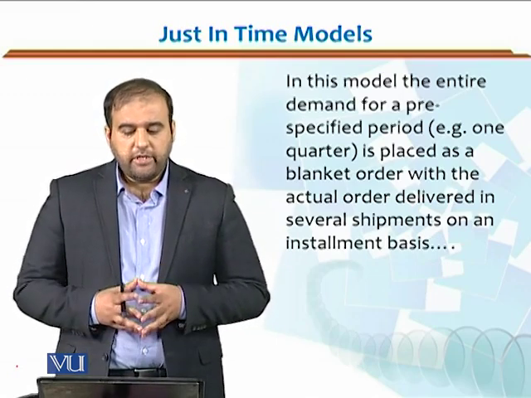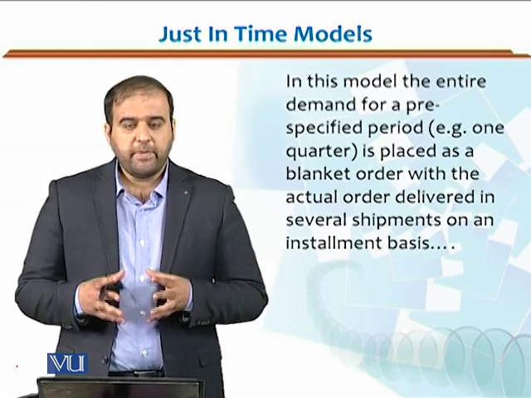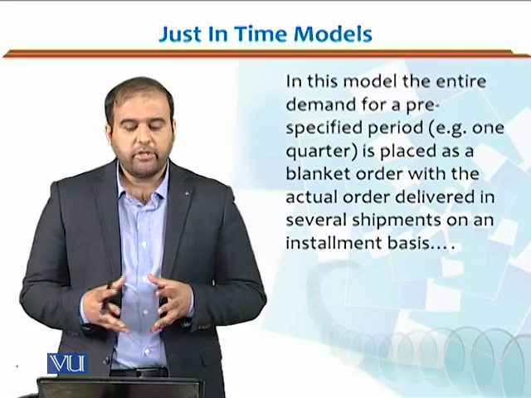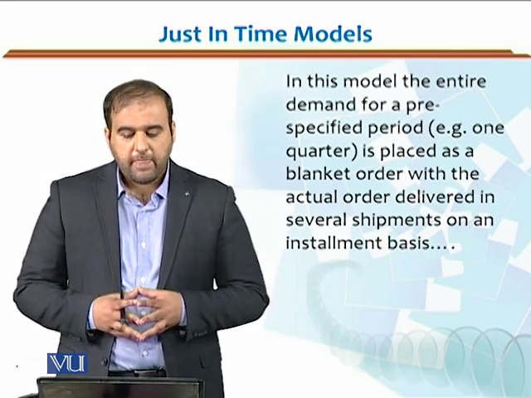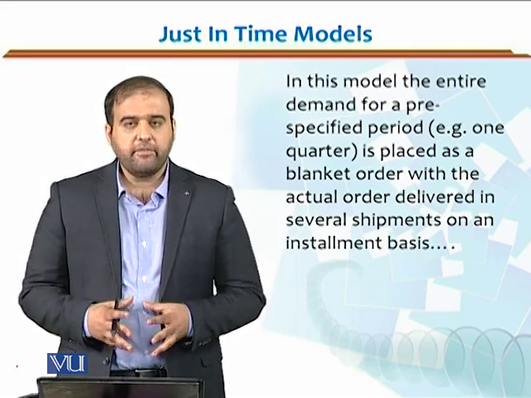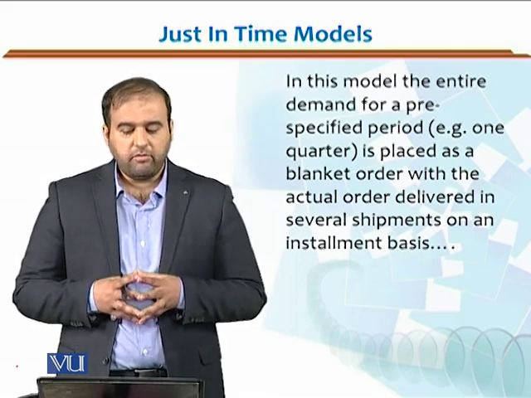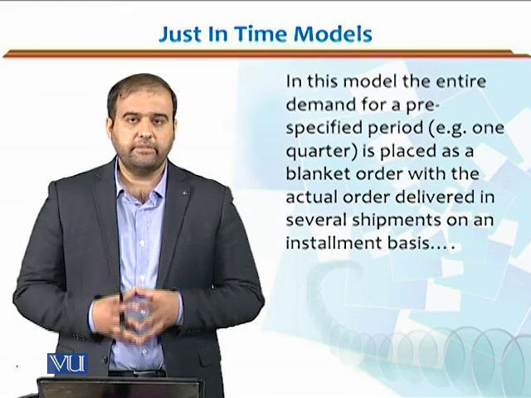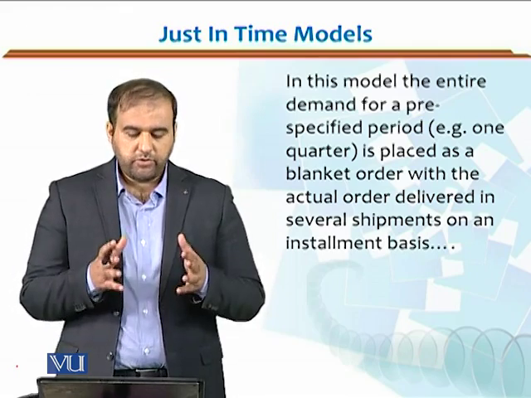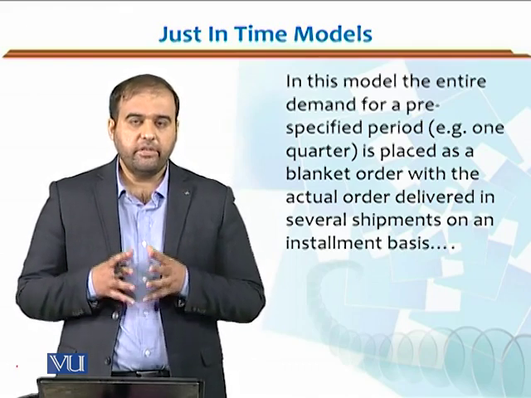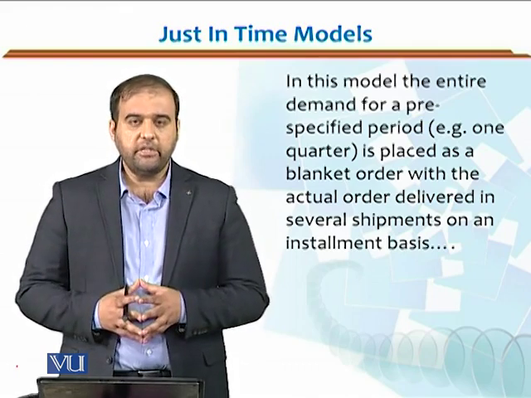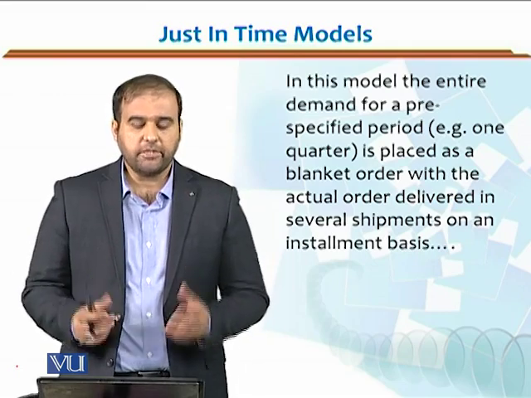In this model, the entire demand for the pre-specified period, that is 1 quarter, is placed in the blanket order. I'm starting with the first model, with the actual order delivered in several shipments on an installment basis. So there will be small, frequent shipments when needed, but the blanket order would be placed at the start.